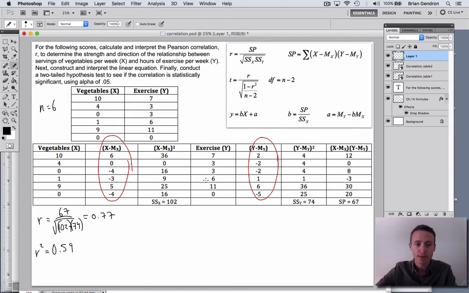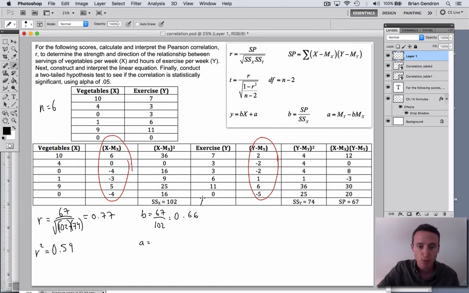Let's start with B. B is equal to SP, which is 67, over the sum of squares of X, which is 102. That gives us 0.66. Then we get A, which is the mean of Y. Let me put it in the appropriate spot.